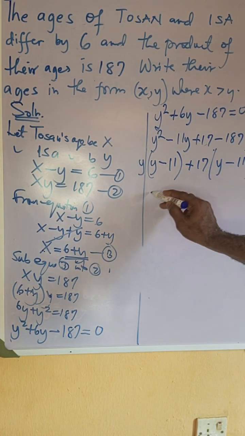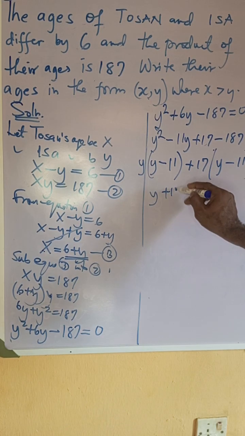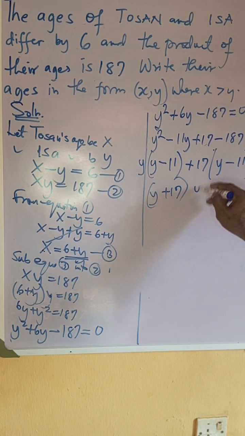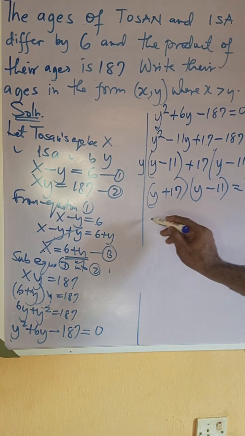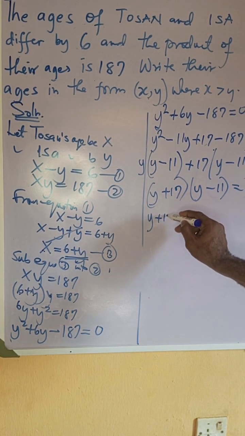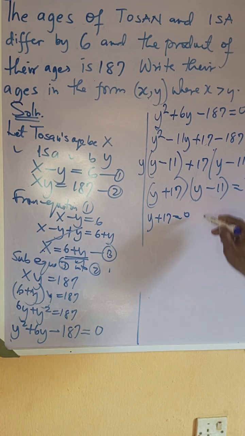So if we bring them together, y plus 17 and y minus 11 is equal to 0. At this point, you can see y plus 17 is equal to 0 or y minus 11 is equal to 0.